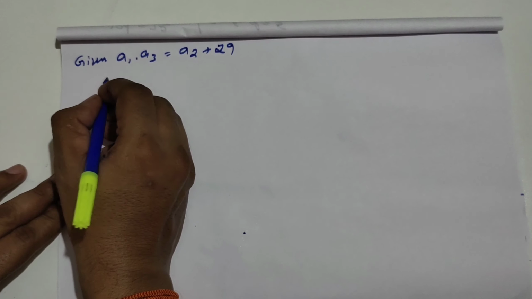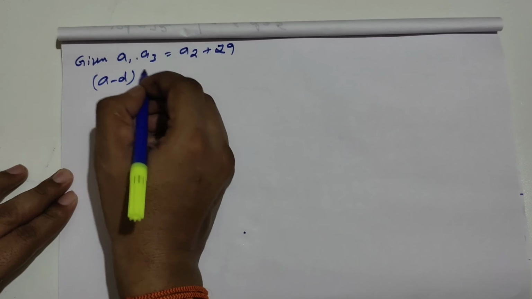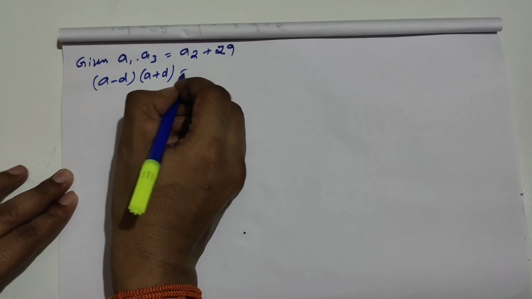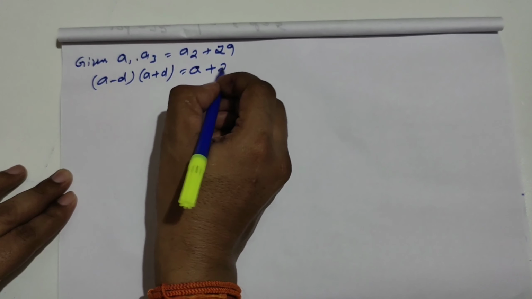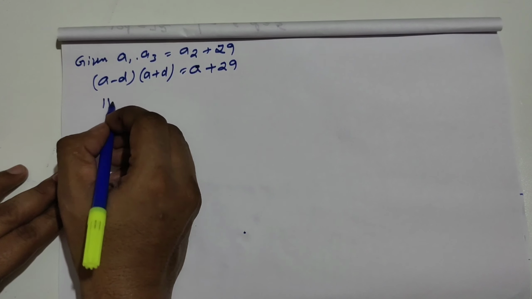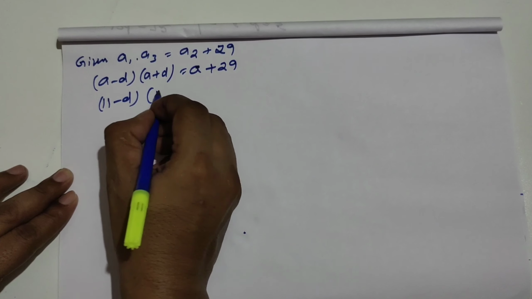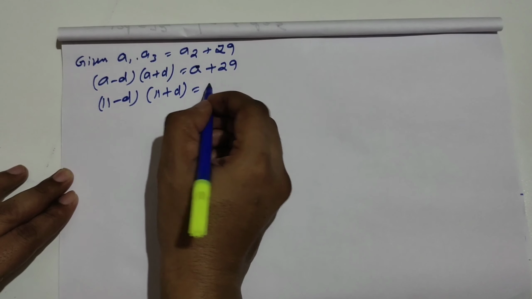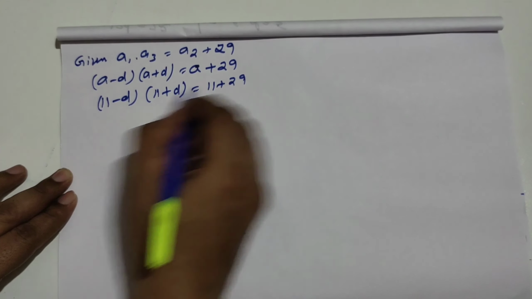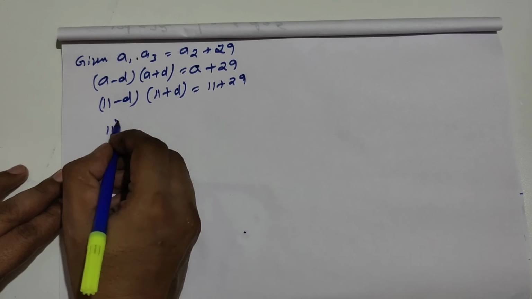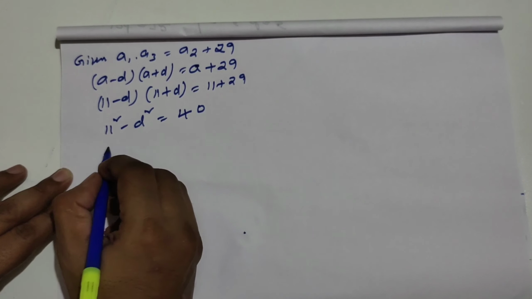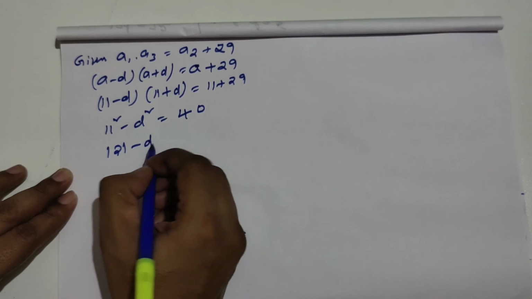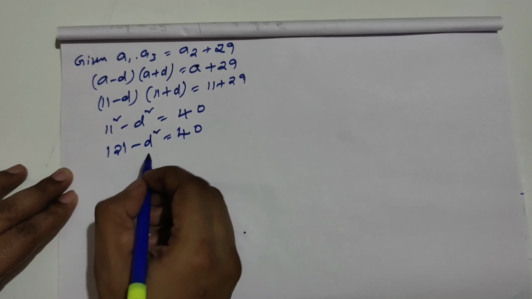Here a1 is a minus d, a3 is a plus d, and a2 is a. We already got a value 11, so 11 minus d into 11 plus d is equal to 11 plus 29. By the formula (a minus b)(a plus b), 11 square minus d square is equal to 40. That is 121 minus d square is equal to 40.